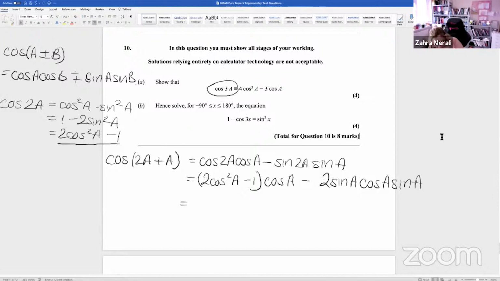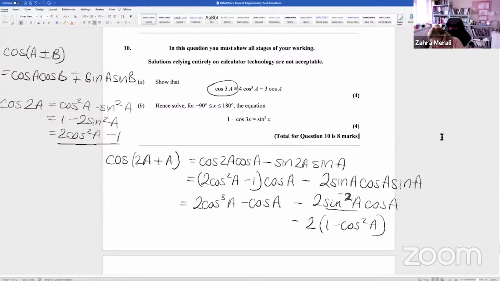So when we open that out, we get 2 cos cubed a minus cos a minus 2 sine squared a cos a. Now, remember sine squared a is just a fancy way of writing sine a all squared. The only thing that's not in coses is this sine squared a. So we're going to replace it with 1 minus cos squared a, cos a.